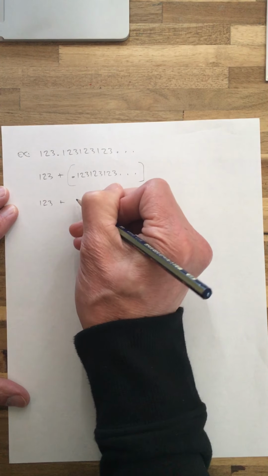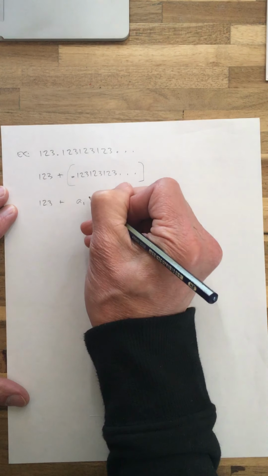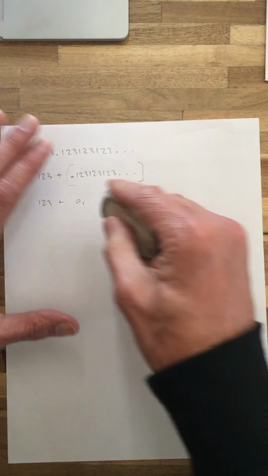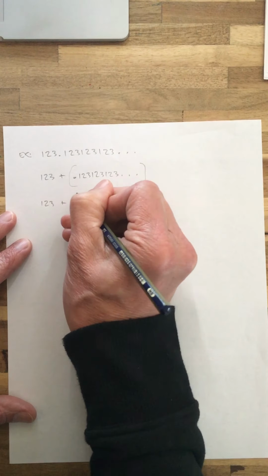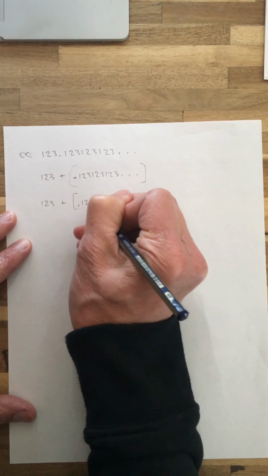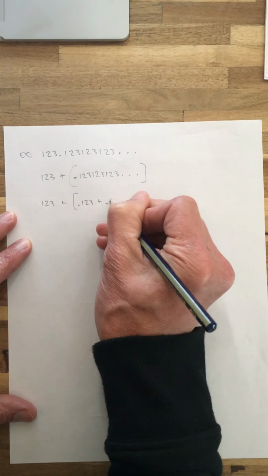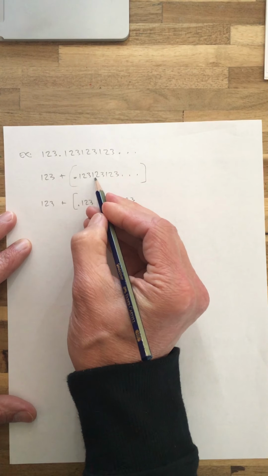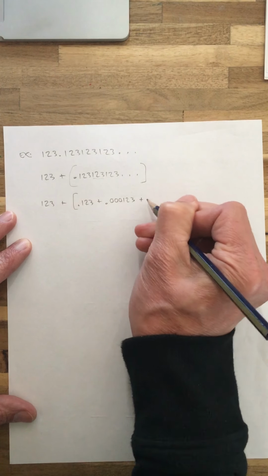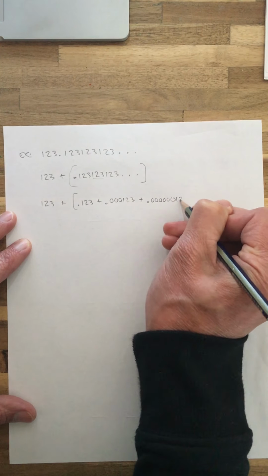My a sub 1 is going to be 0.123. I'll try to match how I did it the last time. So this is going to be 0.123 plus we got the 123, so 0.000123. That gets us up to here. And then plus 0.000000123.